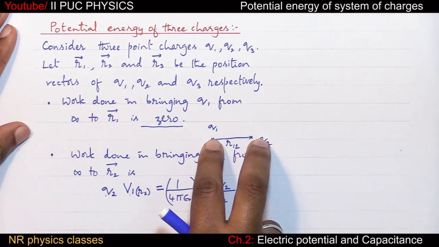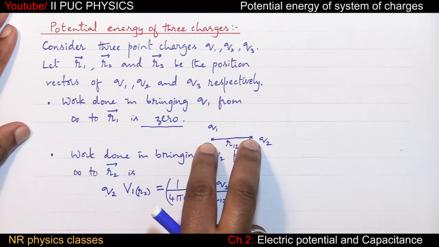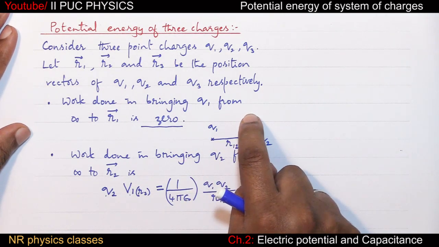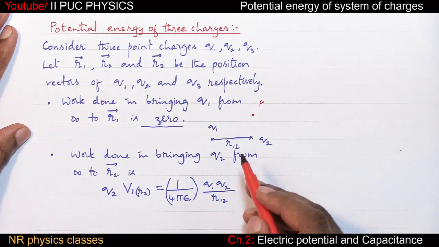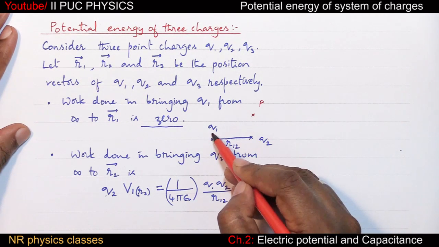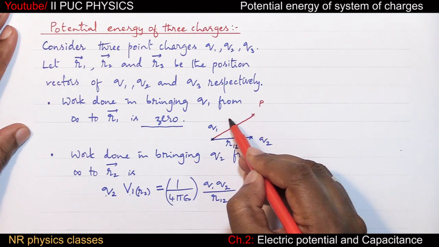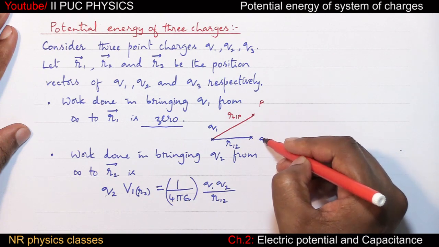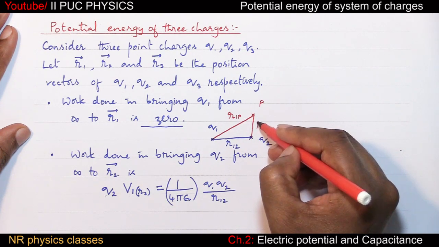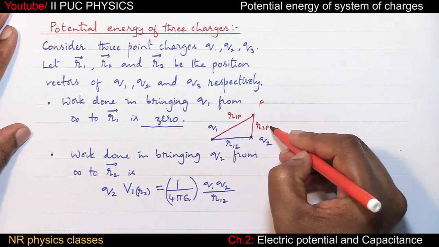So these two charges will have some influence at this point. Let this point be P. So distance of P from Q1 is R1P. Distance of P from Q2 is R2P.